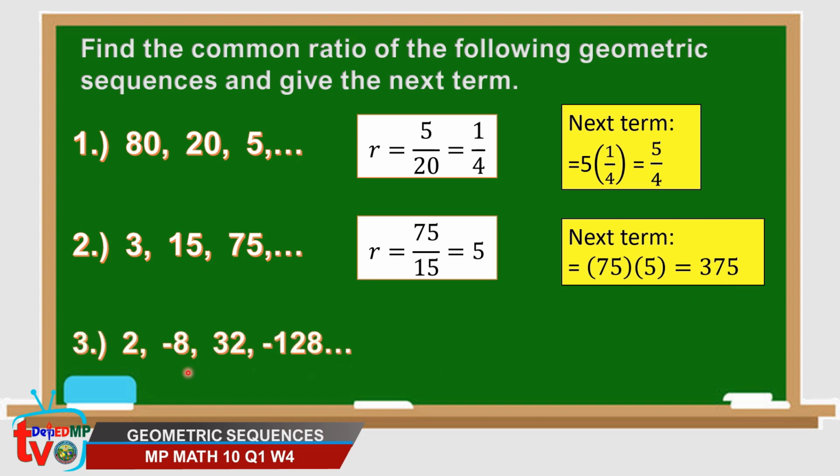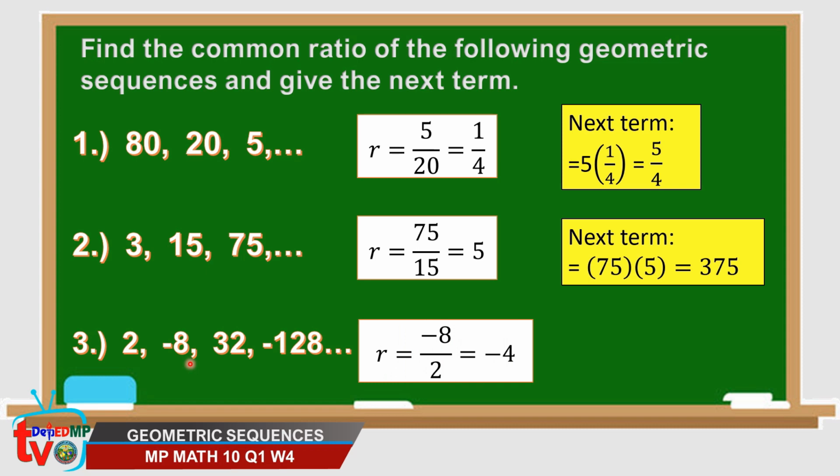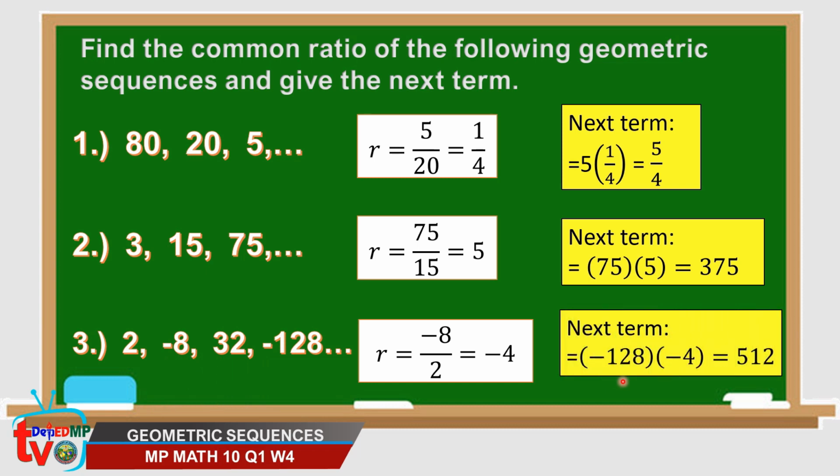For number 3, divide -8 by 2 to get the common ratio, which is -4, or 32 divided by -8, which gives the same result of -4. To get the next term, multiply -128 by -4, that is equal to 512.